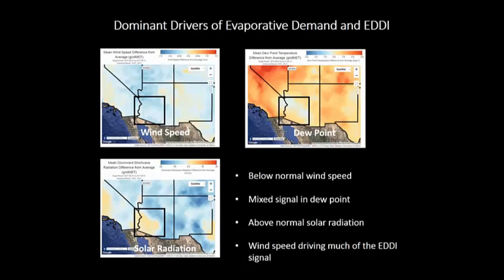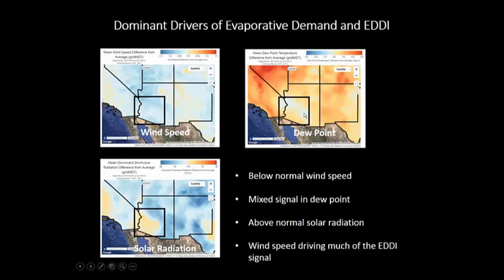And then I made these maps using Climate Engine, which I'll mention again later is another place to find EDDI. But you can get wind speed, you can get dew point, you can get solar radiation, drought indices, fire danger indices from Climate Engine. And so what I did is I looked over the same time period. I looked at the wind speed anomaly on the top left, the dew point anomaly on the top right, and then the solar radiation anomaly on the bottom left. And so what we see is that the wind speed was really below normal over that whole region.